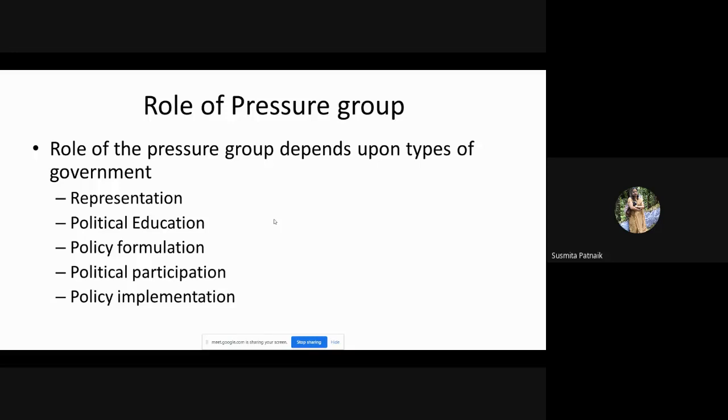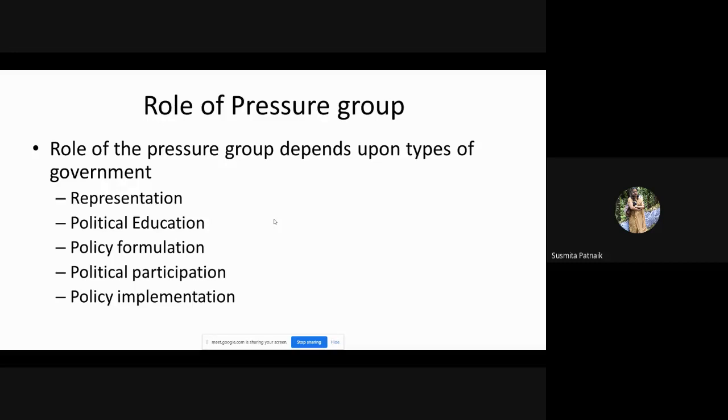So policy formulation the government will make the policy, but to influence the policy, to influence the decisions, this is the prime duty of the pressure groups. Sometimes they will change the decisions of the government and the policy formulations.